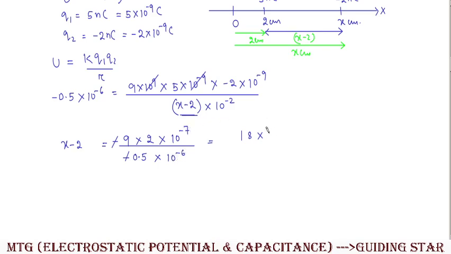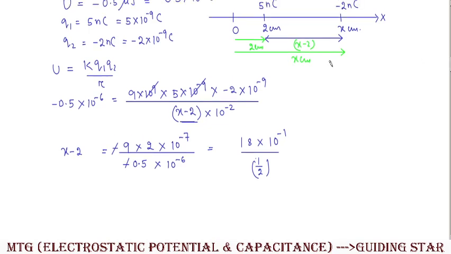If it goes up, it will be 10 to the power minus 1 and divided by 0.5. 0.5 means let it be 1 by 2. I think we are forgetting something else. Here it is 5. Okay, important to write 5. So here 9 into 2, here 5 should be there. Clear? So here it should be into 5.